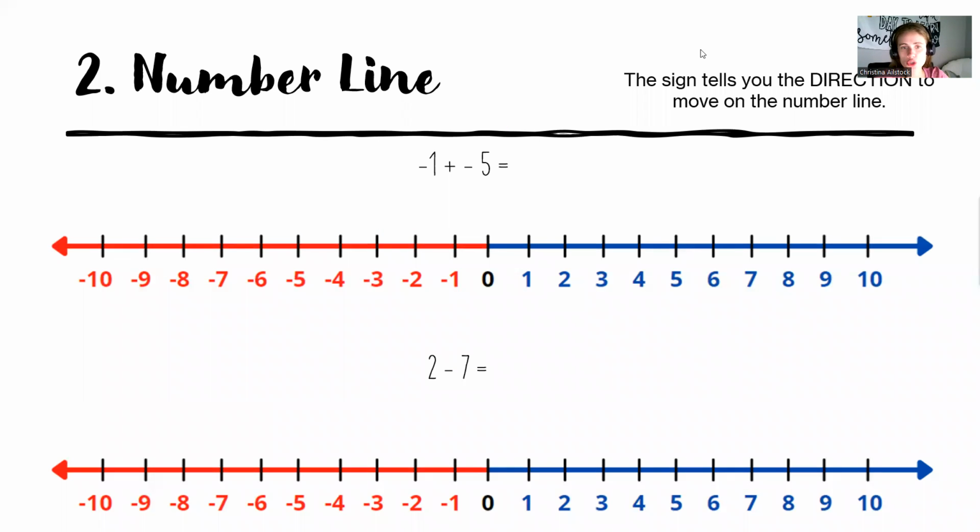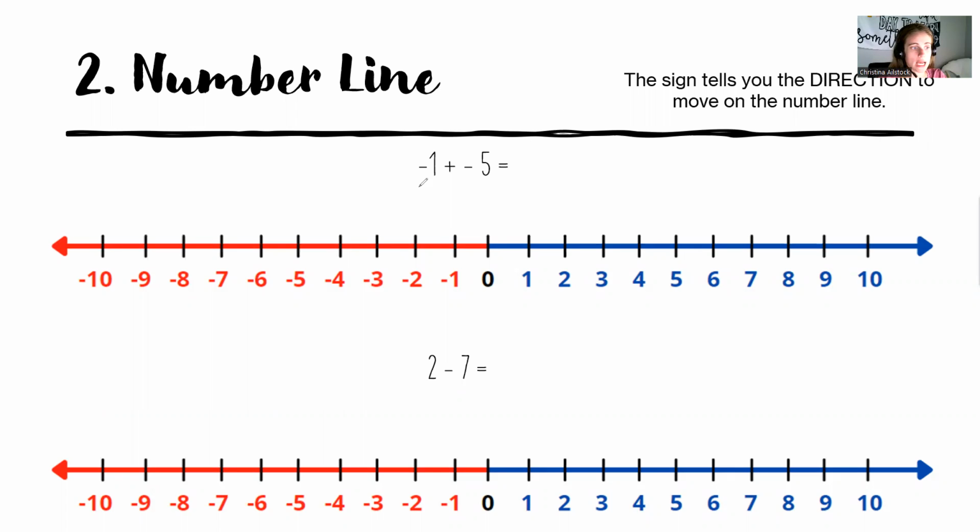All right, here we have 2 more problems using the number line strategy. -1 plus -5. So once again, look and see, are we adding or subtracting? We are adding, therefore we don't need to use keep, change, change, because we're just simply adding. It's already in the format we like.